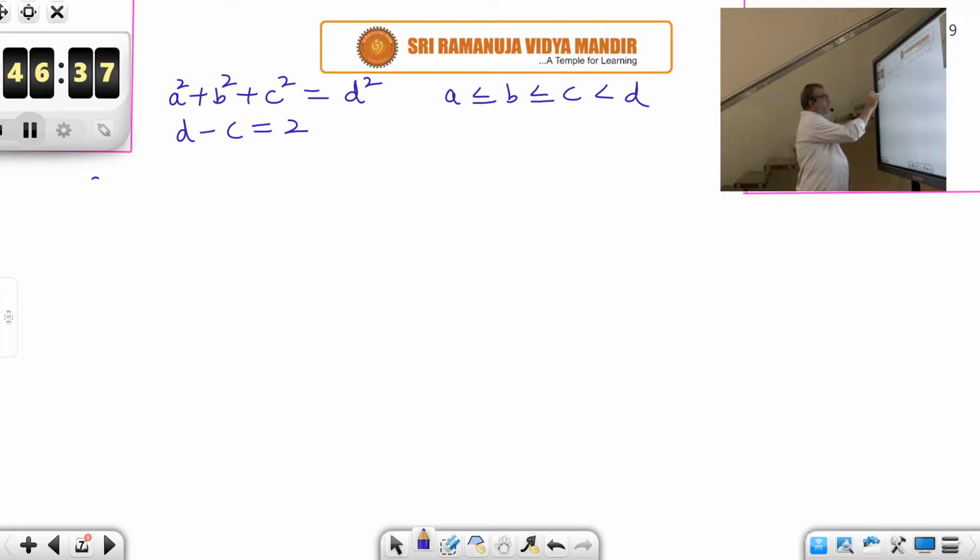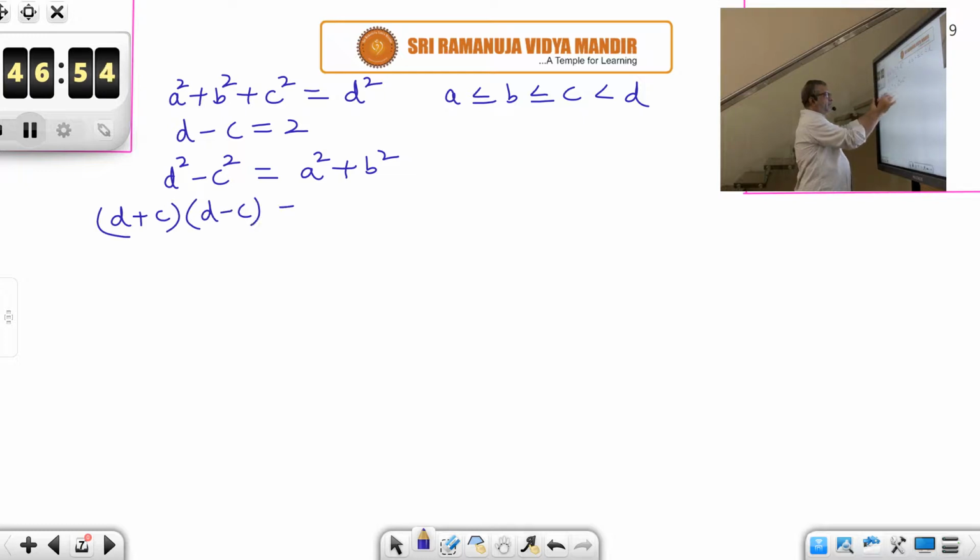So d square minus c square is equal to a square plus b square. That is (d plus c) into (d minus c) equals a square plus b square. d minus c is 2, that means here we have to put 2.